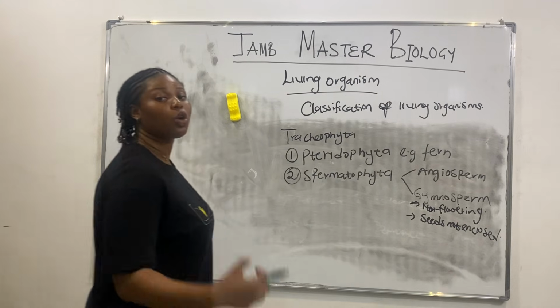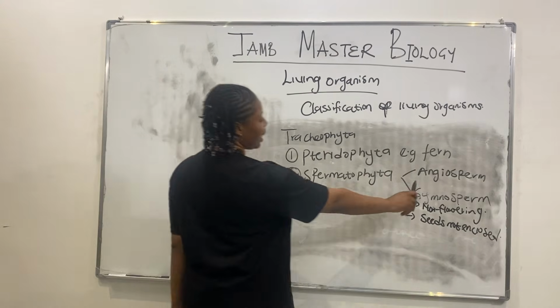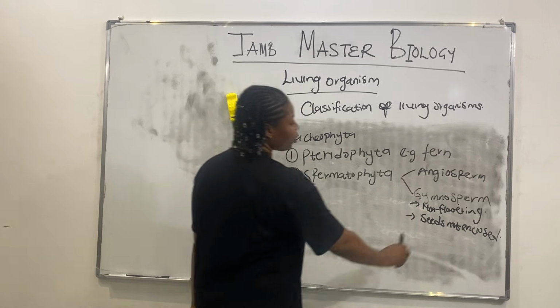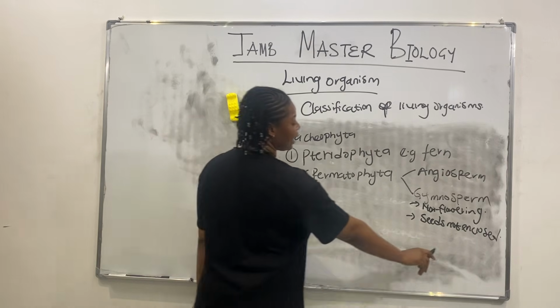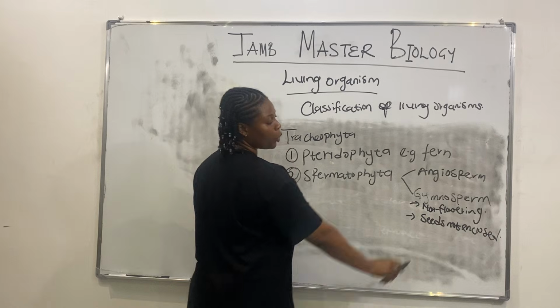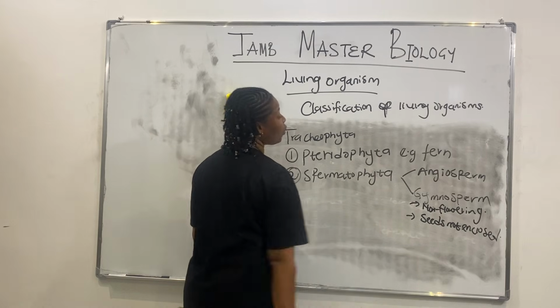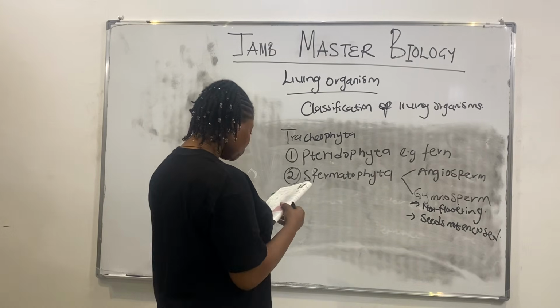Their seeds are not enclosed, unlike the angiosperm. So gymnosperm do not produce flowers, and their seeds are not enclosed. But angiosperm, they produce flowers, and their seeds are what? Their seeds are enclosed.